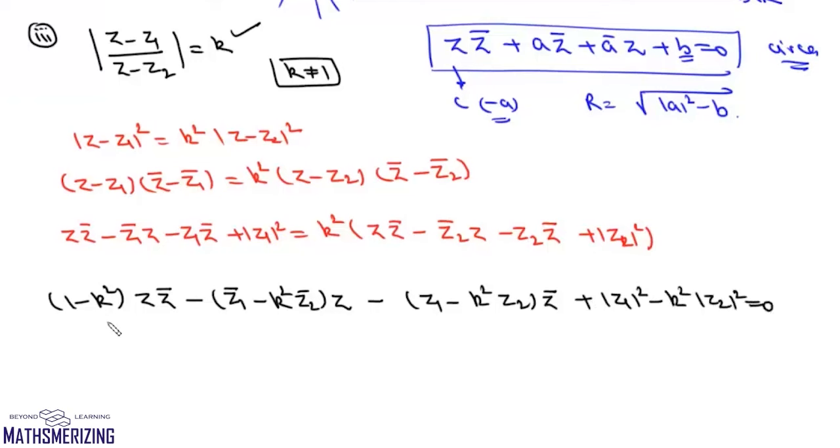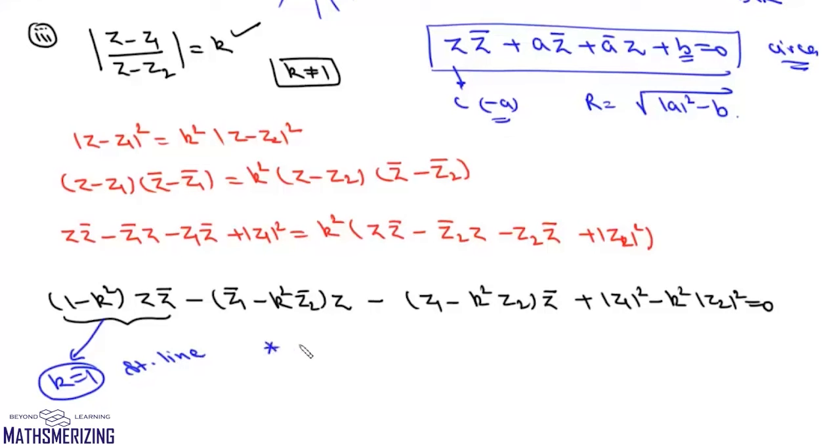Now if this k is equal to 1, then we won't have this z z̄ term. Then we can write this as a z̄ + ā z + b = 0, which is the equation of a straight line. So if this k is equal to 1, then this equation will represent a straight line.